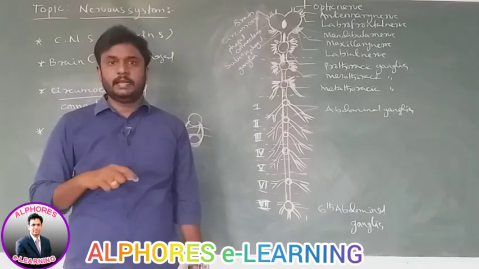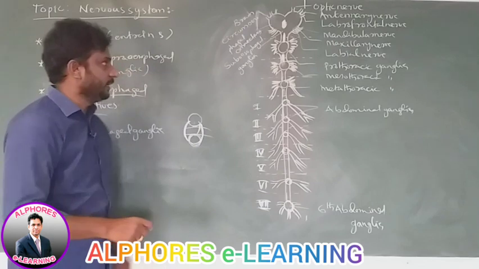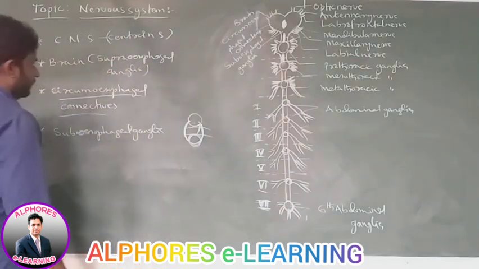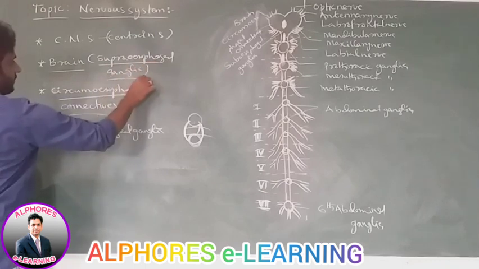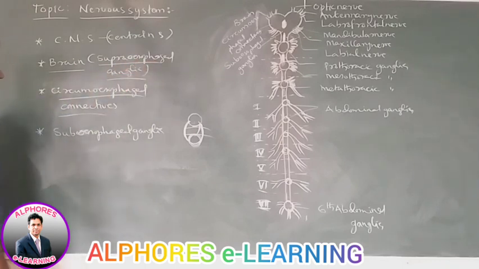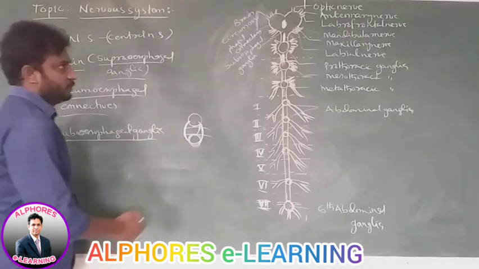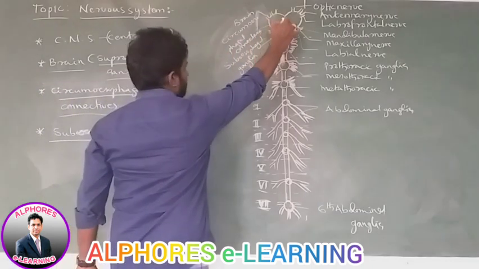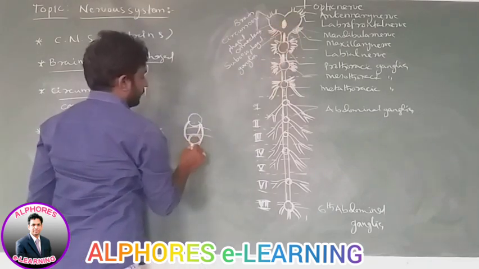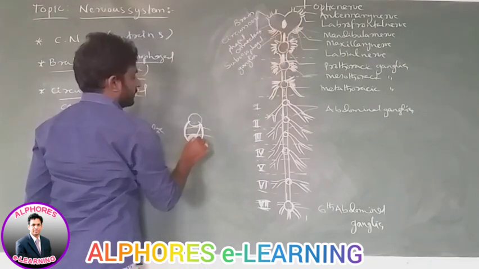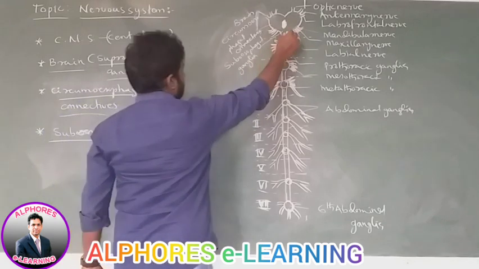Ganglia means nothing but groups of cell bodies. So the brain is formed by the supraesophageal ganglia, and the subesophageal ganglia is the ganglion present just below the esophagus.